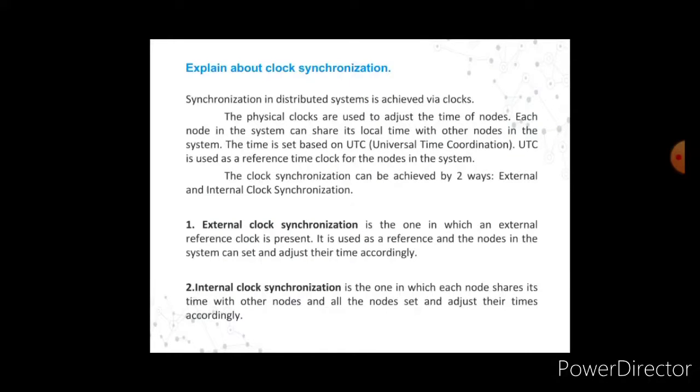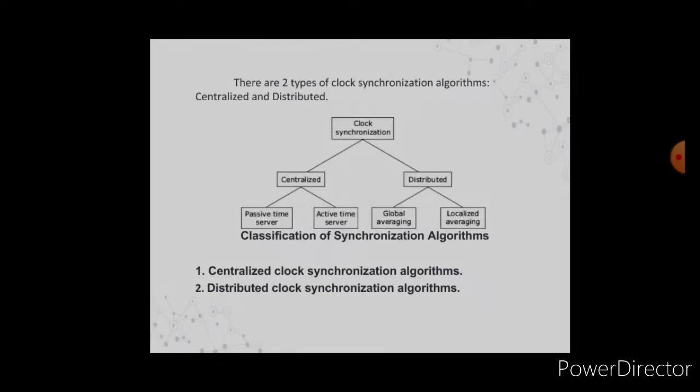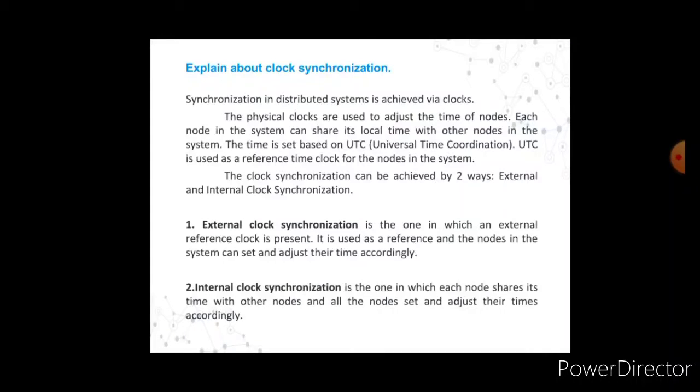Clock synchronization can be achieved in two ways: external and internal clock synchronization. External synchronization is one in which an external reference clock is present. It is used as a reference, and the nodes in the system can set and adjust their time accordingly. Internal clock synchronization is one in which each node shares its time with other nodes, and all the nodes set and adjust their time accordingly.